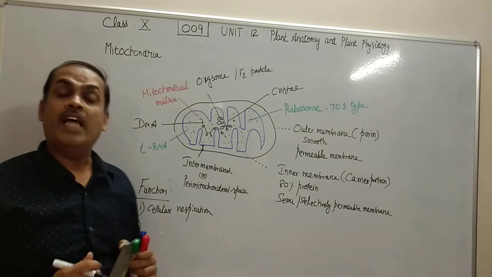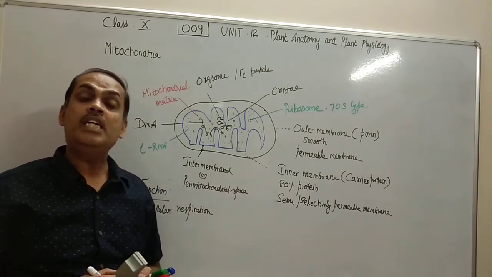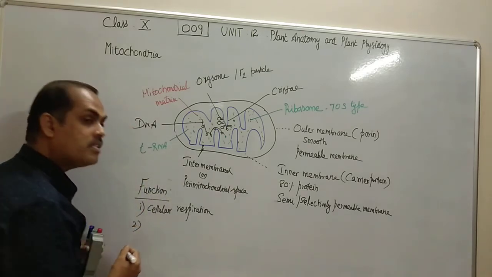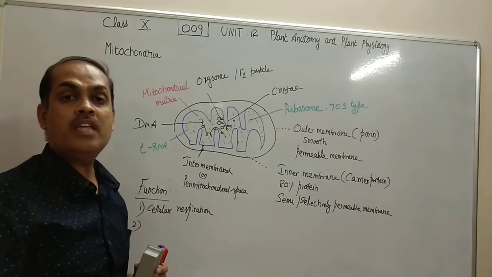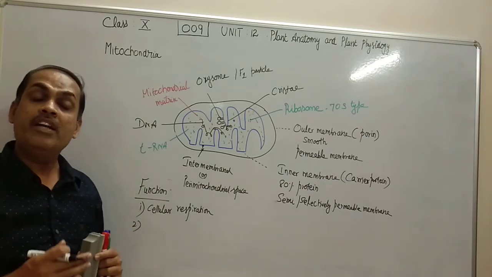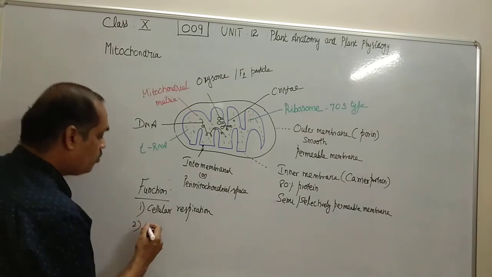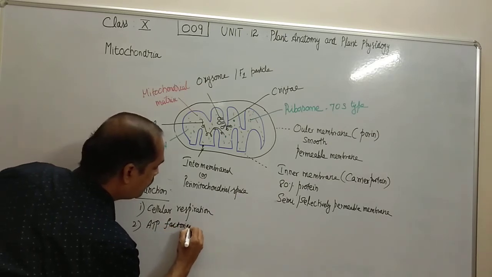As it produces energy in the form of ATP, it is otherwise called the ATP factory of the cell, or the powerhouse of the cell, because it produces energy to the cell or to the organism in the form of ATP.